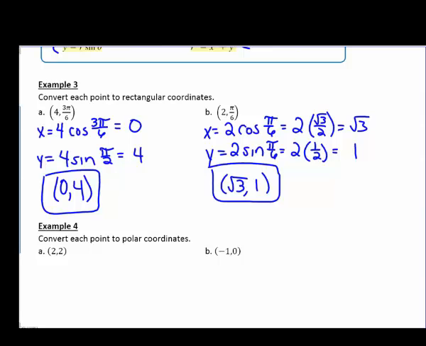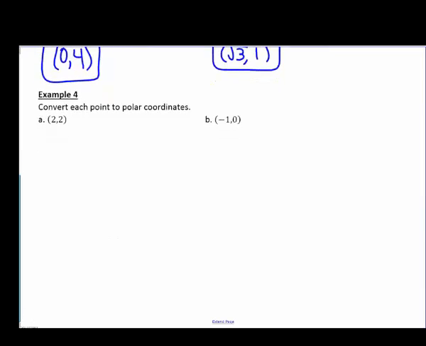All right, and then for example 4, our last example, we're going to convert from rectangular into polar. We know that tangent of theta is equal to y, which is 2, over x, which is 2. So the tangent of theta is 1. And since this is in the first quadrant, we know that theta has to be pi over 4, because that is the angle that has a tangent value of 1.